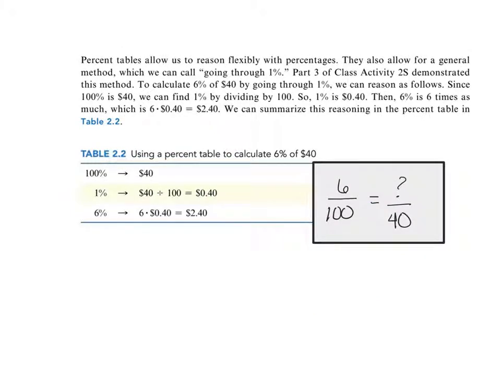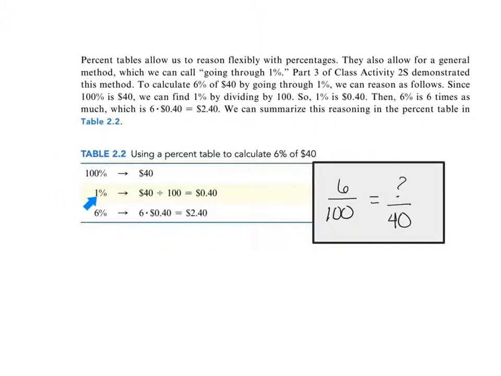Percent tables allow us to reason about percentages. It gives us a general method in order to break down and calculate. For example, when using a percent table to calculate 6% of $40, the $40 would represent 100%. To calculate the 6%, we can first go through 1%, meaning we go from 100% down to 1%.